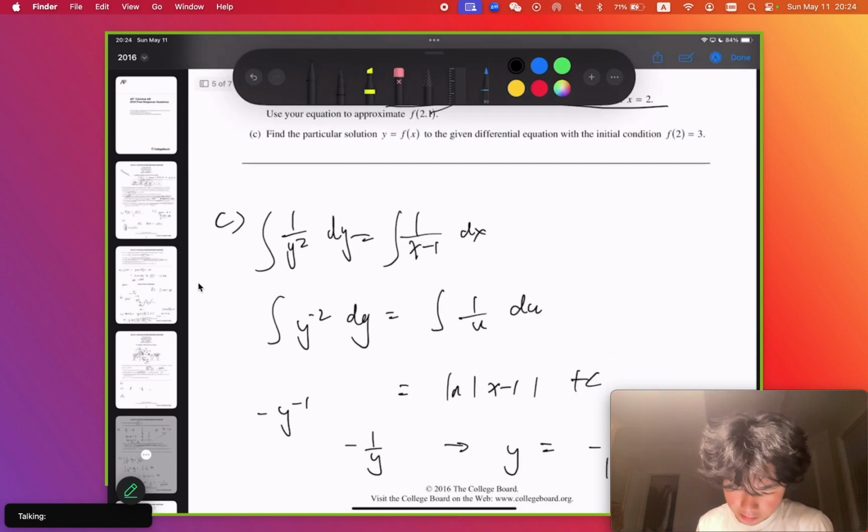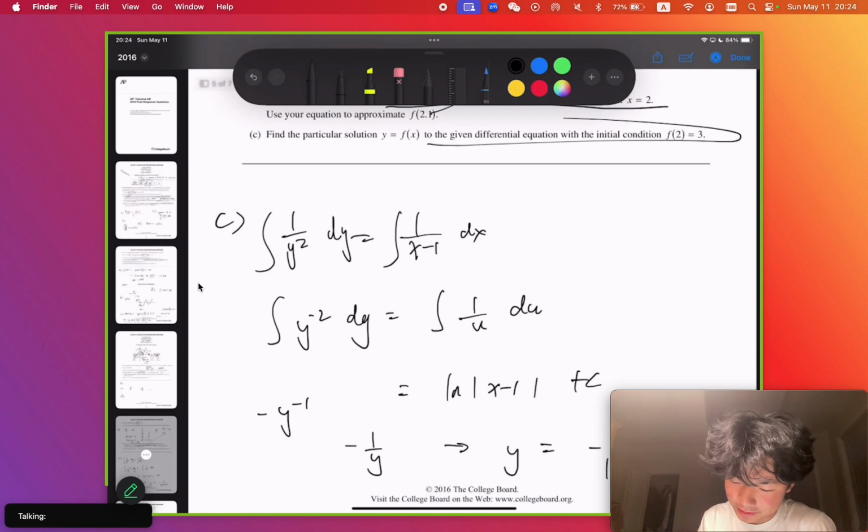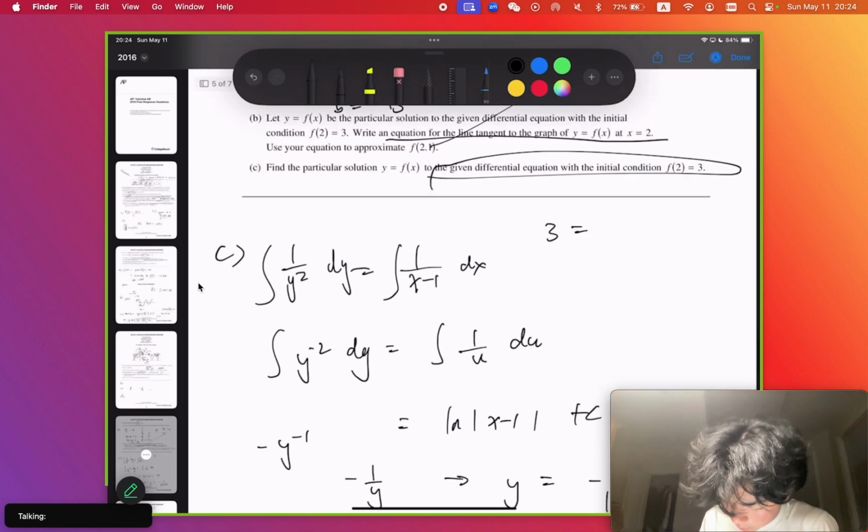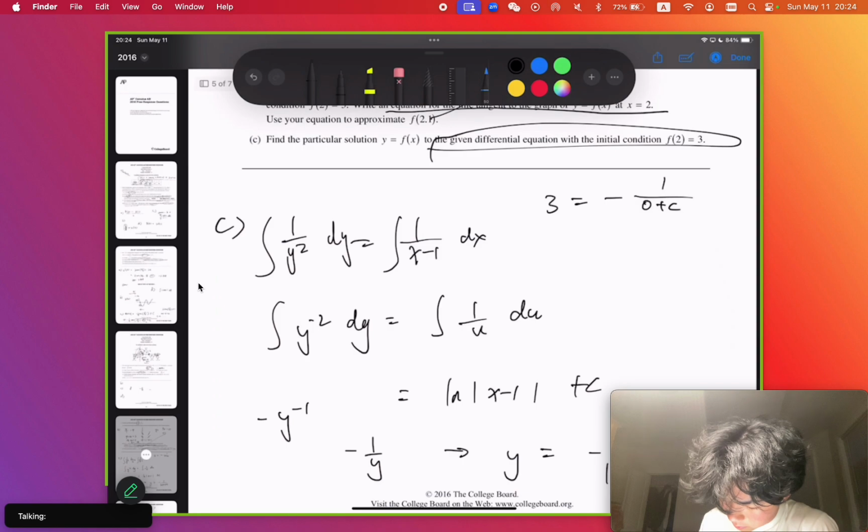And then for this one over here, let's keep on solving it. Okay. So when this is 3, you get 0 plus c over 1. C still equals negative 1 over 3.